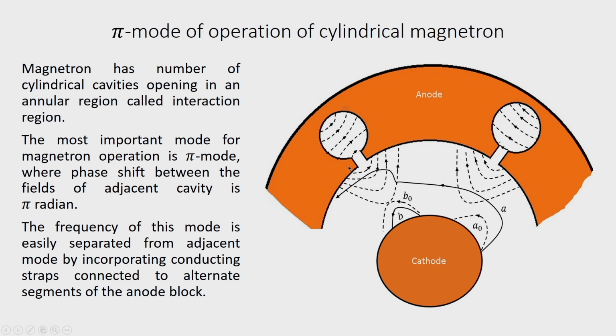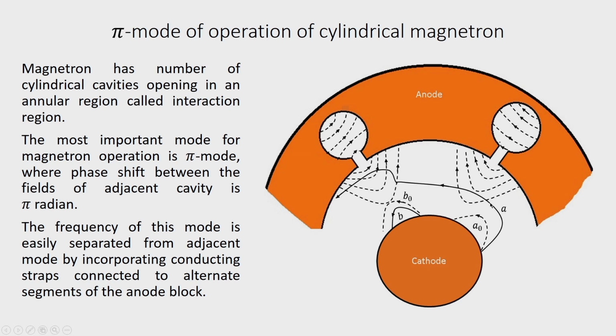Now, if the adjustments are made in such a way that by the time this electron marked A, travelling along this trajectory, comes to the second cavity, this field now changes, because we are talking of pi mode. So, there is a phase shift of pi in the field.